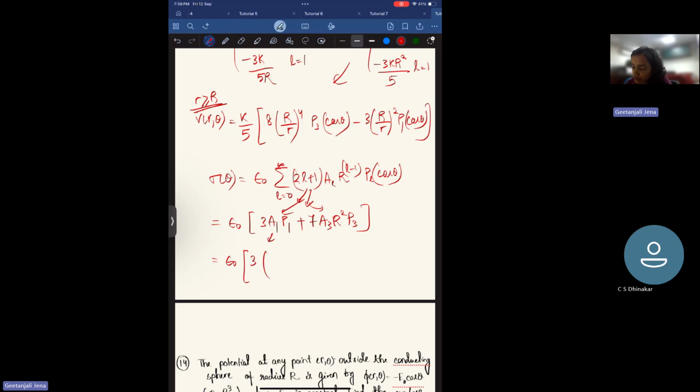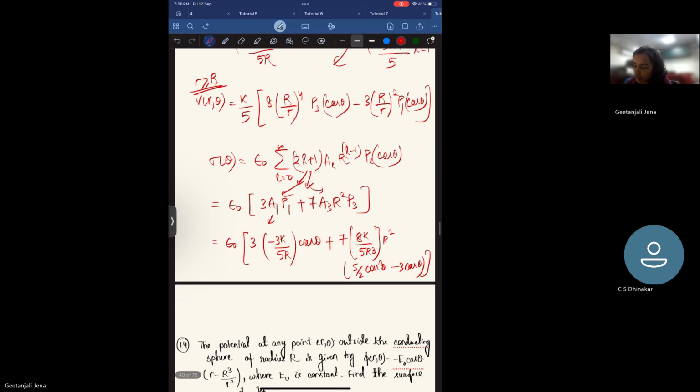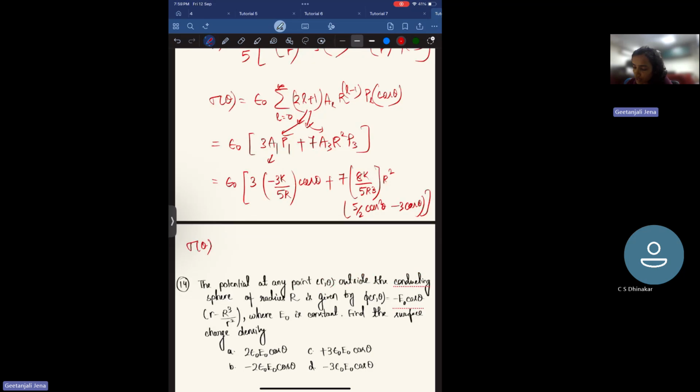So this is minus 3K by 5R cos θ plus 7 times 8K by 5R^3 R^2 times (5/2 cos θ minus 3 cos θ). So sigma(θ), we should get epsilon K cos θ by 5R times minus 93 plus 140 cos^2 θ.